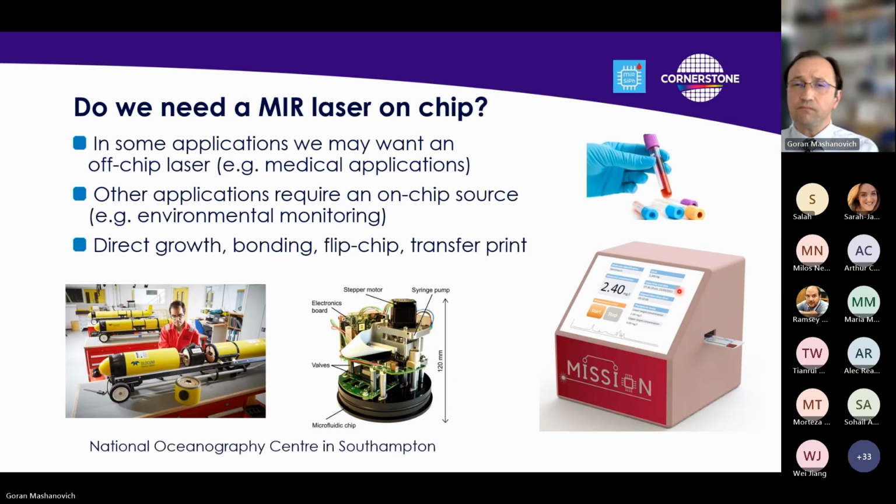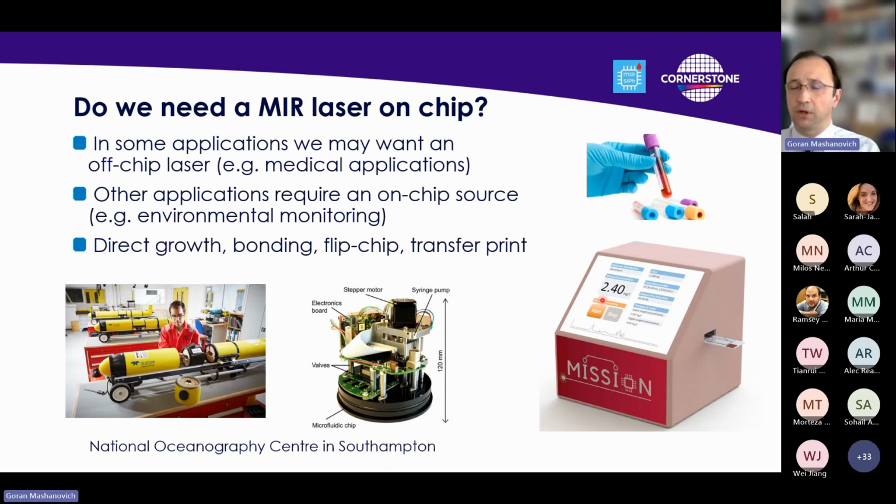And what about the laser as the last device? Do we really need a laser on a chip? In some cases, we don't need that. I've already told you about disposable chips. So inside this box, we could have a high-end detector and laser, and that just slot in our chip, do measurements, and so on.